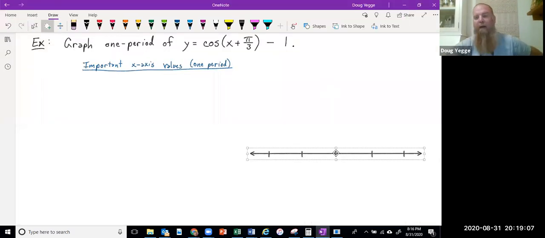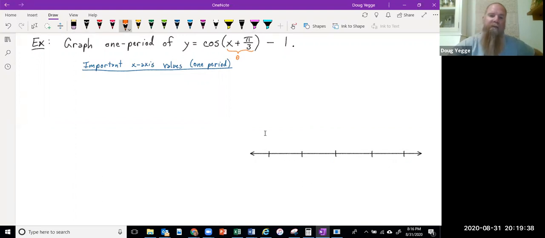Now, the first thing I like to always do is find the important x-axis values that are going to show me where the maxes, mins, and zeros are. So the first thing to do is to recognize that this here is theta. Now what we could do is graph our original values of 0, 2π, π, and so on, graphing π/2, and then shift every one of those points π/3, or in other words, subtract π/3 from every one of those.